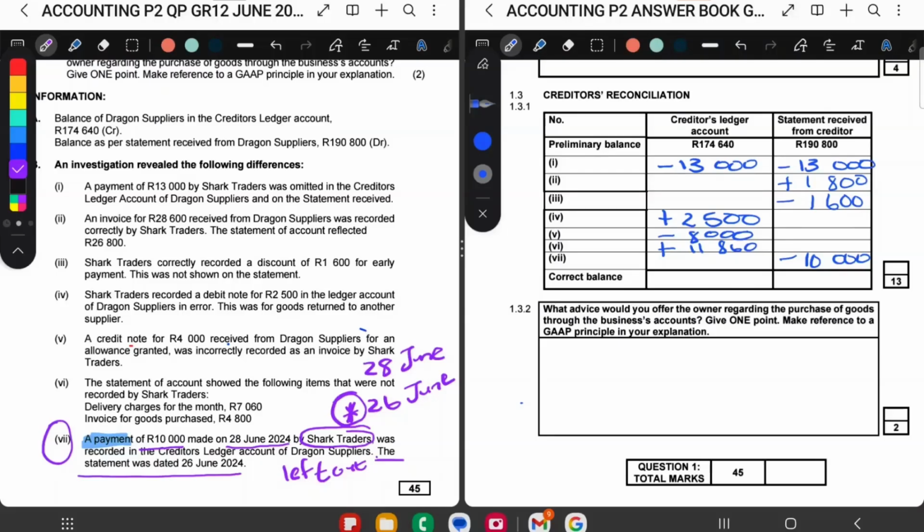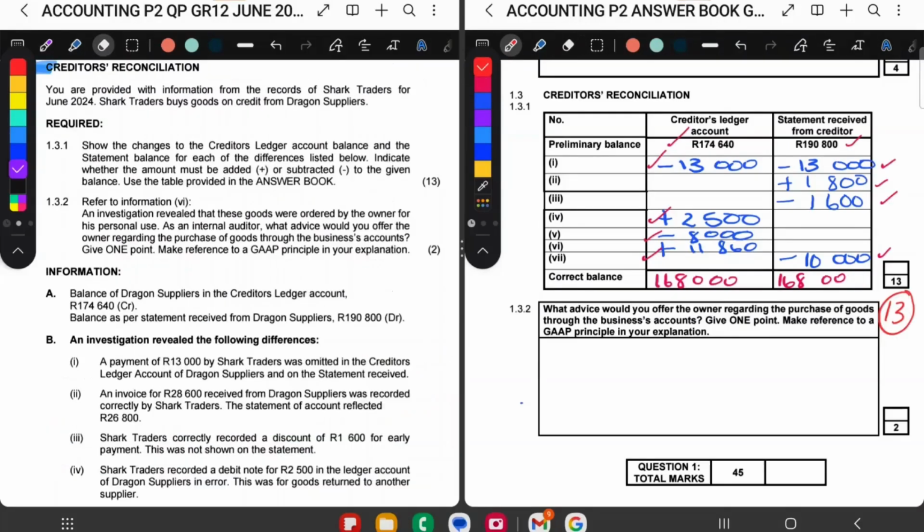If I total all these amounts, I will say the balance minus this plus that minus 8,000 plus that. And I get my answer to be 168,000. And then on this side, I'm going to say the balance minus that plus that minus that minus that. And I also get 168,000.